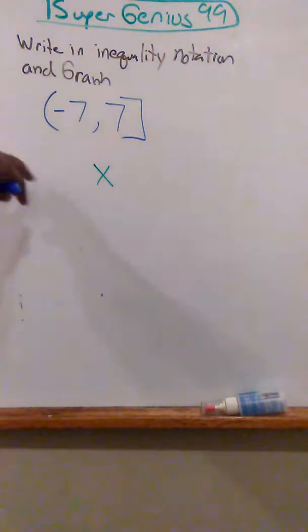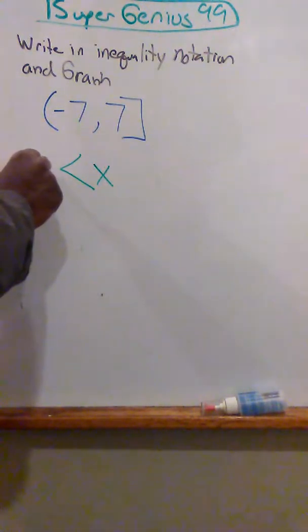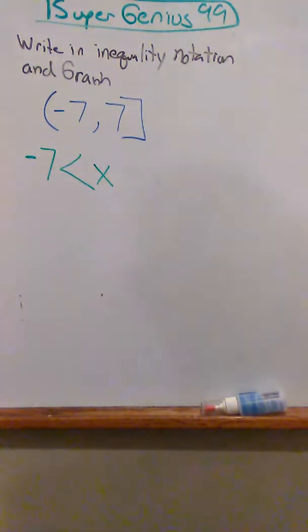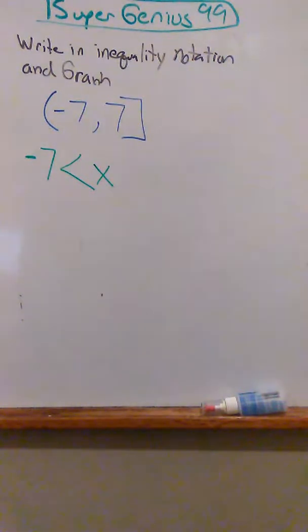Because parentheses means you don't include that number. So x greater than -7. And then x is less than or equal to +7. Why the equal sign? Because it's a bracket and you are including that number. So parentheses, excluding; square brackets, including.